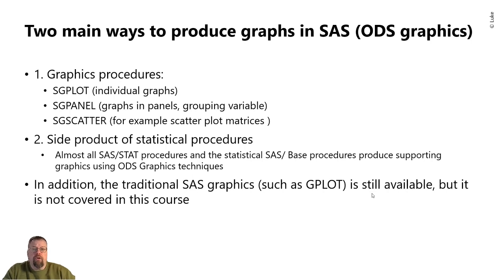Then the second main alternative to producing graphs is to produce them as a side product of statistical procedures. So almost all of the stat procedures, as well as some of the statistical base procedures, do produce supporting graphs using this ODS graphics technique.